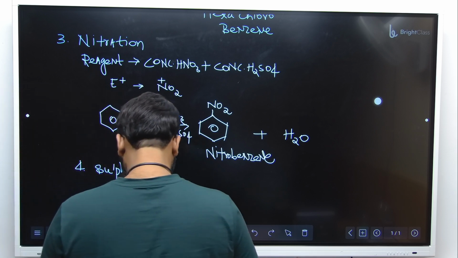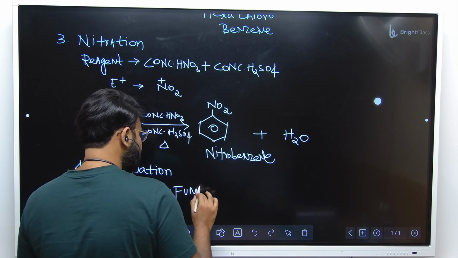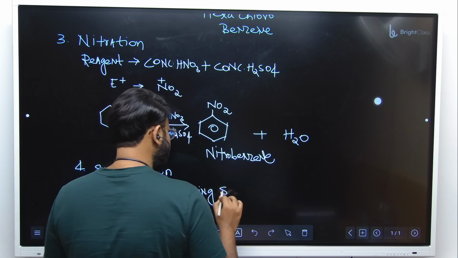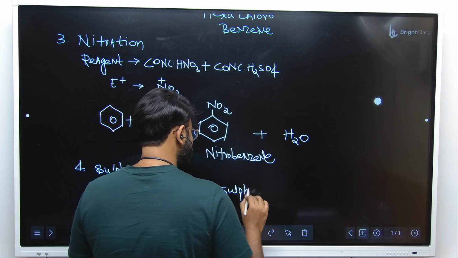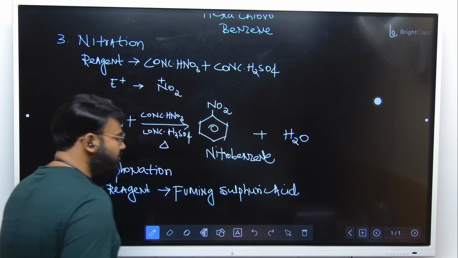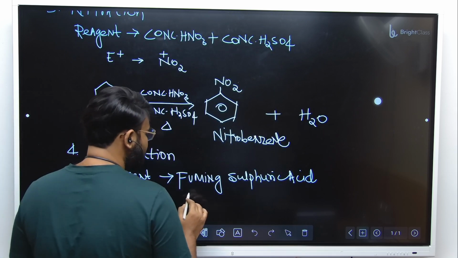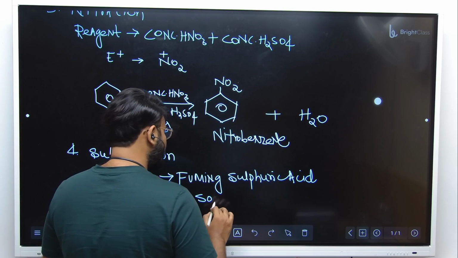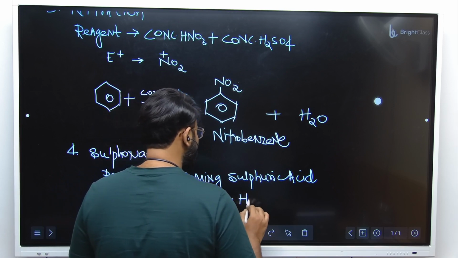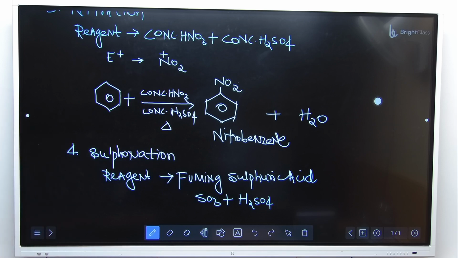The reagent you are using for sulfonation is fuming sulfuric acid. Now, what is fuming sulfuric acid, guys? Fuming sulfuric acid means you are adding SO3 plus H2SO4. Got it? SO3 plus H2SO4, okay?